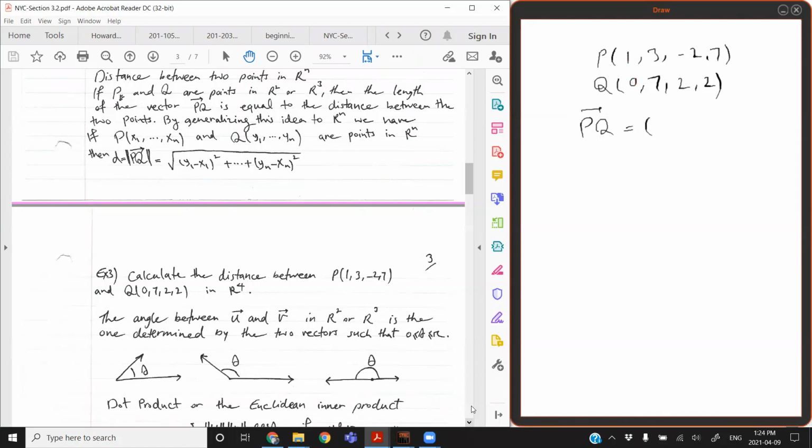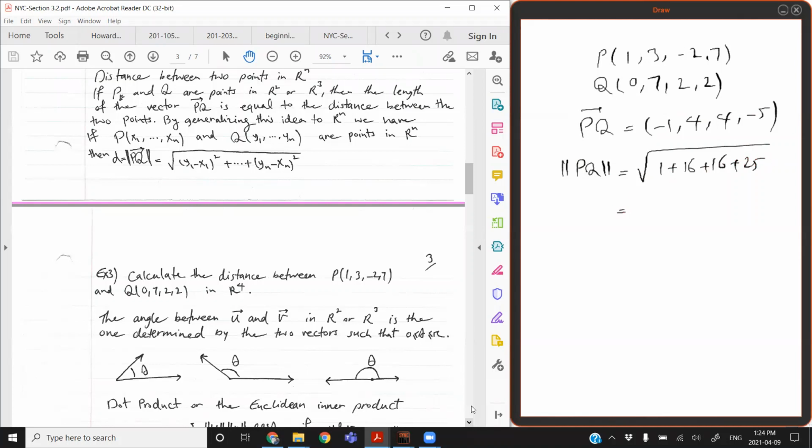So 0 minus 1 is negative 1, 7 minus 3 is 4, 2 minus negative 2 is 4, and 2 minus 7 is negative 5. And then the norm of this vector is going to be the root of negative 1 squared, 1, plus 4 squared, 16, plus 4 squared, another 16, plus negative 5 squared, 25.